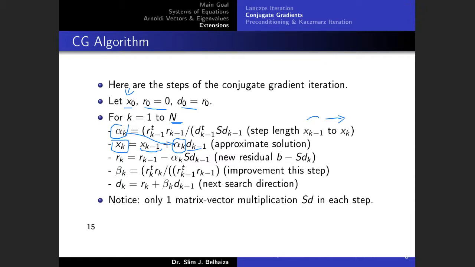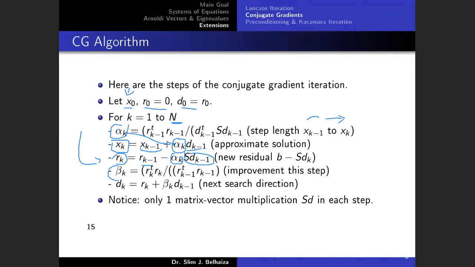So you approximate the solution. And here you approximate the new residual, which is b minus S xk, which is equal to r(k-1), the old residual, minus the step times S d(k-1). And now you compute what we call the improvement step, because this is not enough. You have a correction to your step.